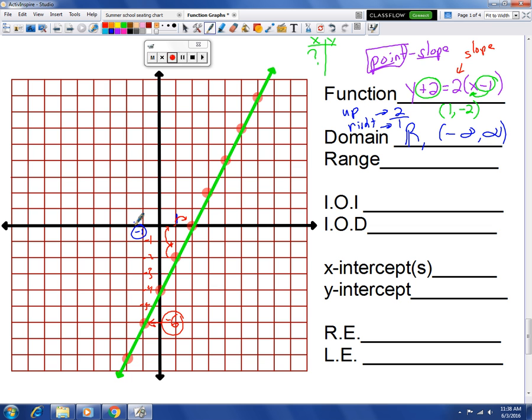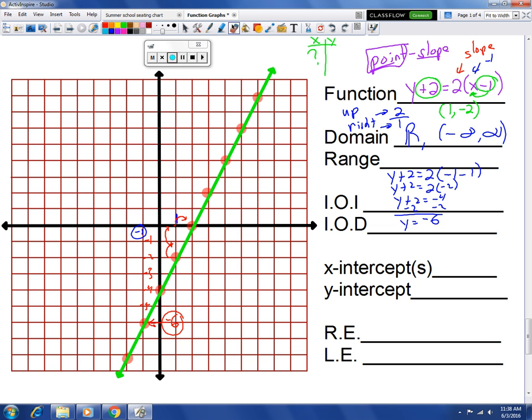If I would have put -1 in this function, I would have had y plus 2 equals 2 times (-1 minus 1). Y plus 2 equals 2 times -2, which is -4. Subtract 2 from both sides, y equals -6.